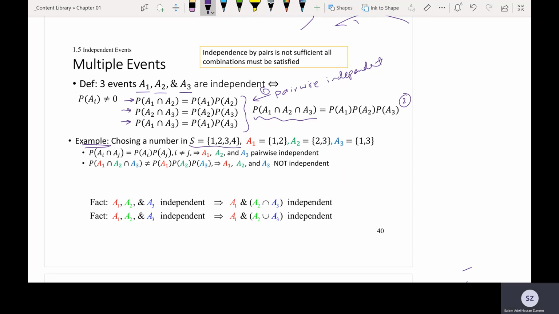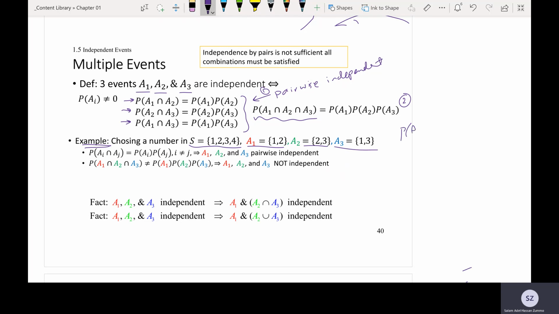1, 2, 3, 4. A1 is 1 and 2, A2 is 2 and 3, A3 is 1 and 3. I gave you these events from the sample space, and the sample space is equally likely. So now, first of all, checking the probability of A1.